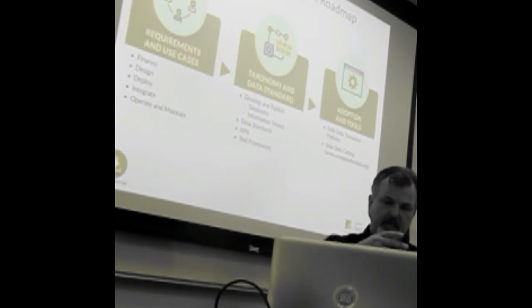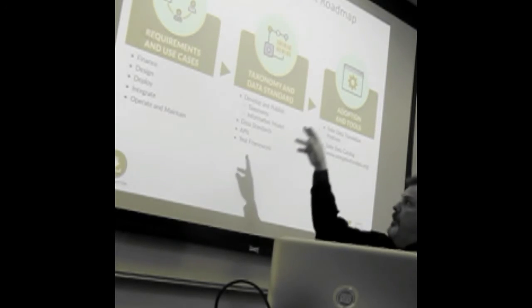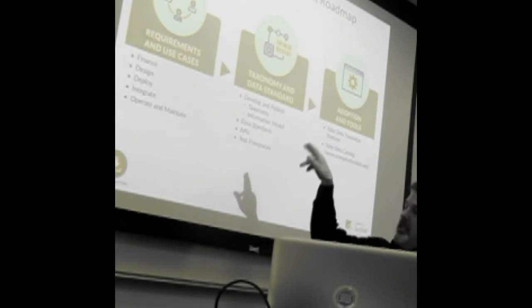That's done as a sort of precursor mechanism, so that once we get into the round-robin testing app to app, you have a much higher degree of confidence that you're going to be successful in making applications work. And so that's the work of the taxonomy and data standards.